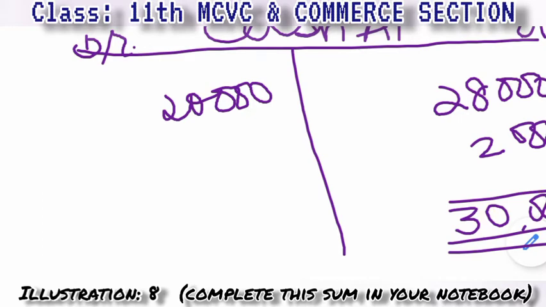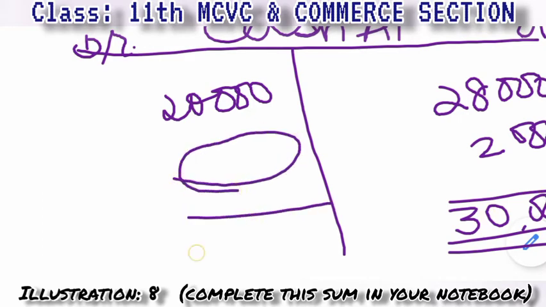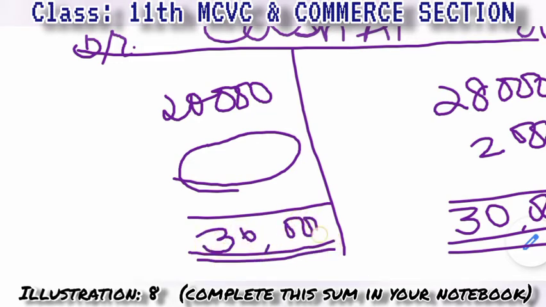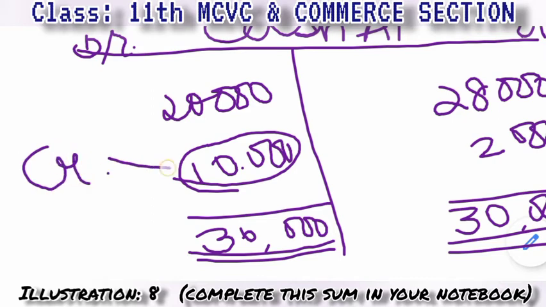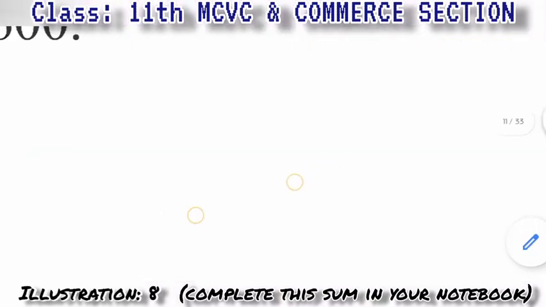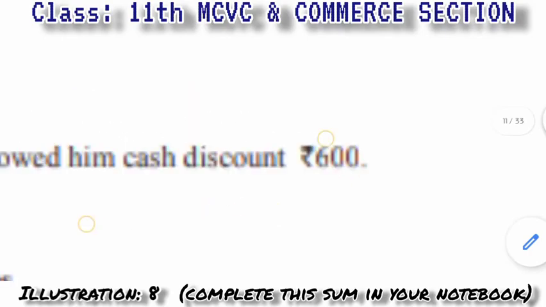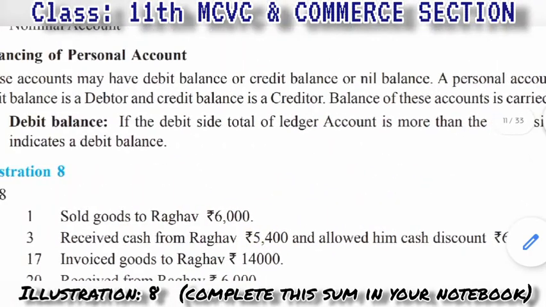Yes. But there is a shortfall of this balance. Here we need to write 10,000 as the shortfall. So this shortfall balance is to be noted as a credit balance. I hope this particular funda is very clear in your mind. And this is the only reason they are called debit and credit balance.